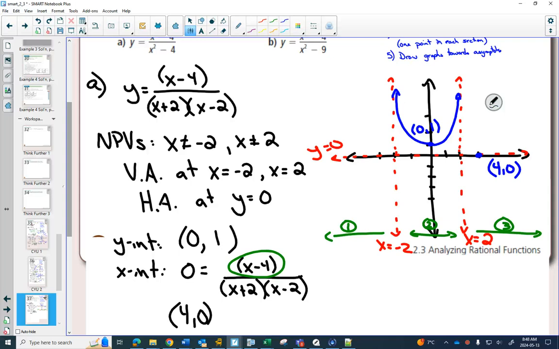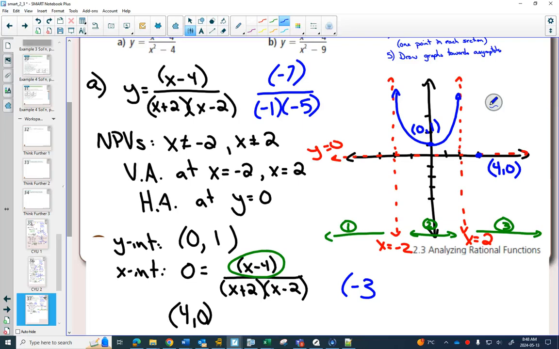First of all, in section 1, I would plug in -3. So I'll go to my factored form. If I plug in -3, I get -7 on top. -3 plus 2 is -1. -3 minus 2 is -5.